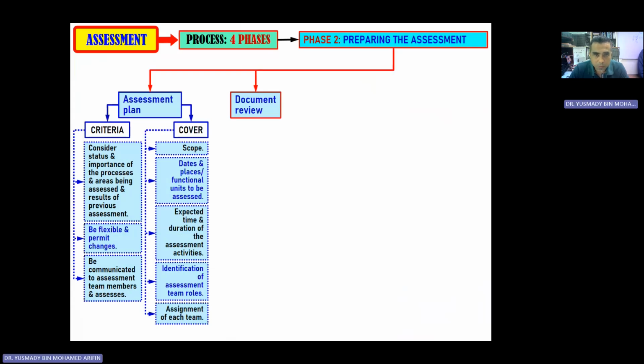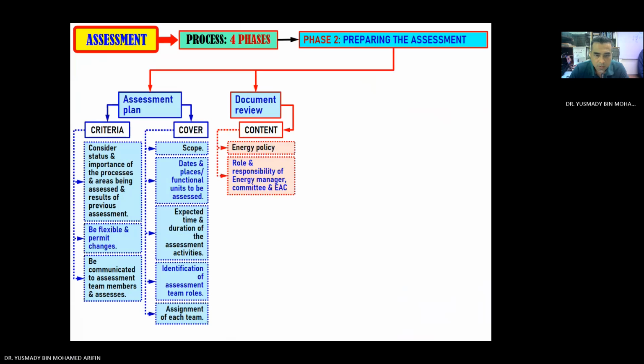Okay, also need to prepare the document review. The content of the document review are the energy policies, roles and responsibility of energy managers, committees, and also EAC, Energy Accounting Center.